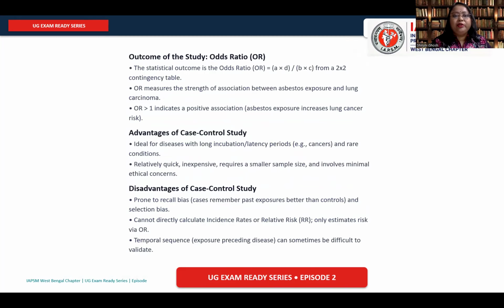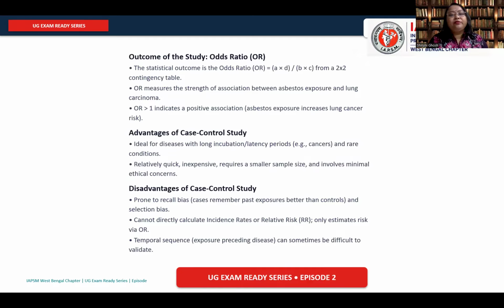This you have in Park's textbook, and I must tell all the students, follow a standard textbook, that is your Park's Textbook of Community Medicine, and from there try to write the definitions, the advantages, disadvantages, all the points, and highlight the points from that book only.